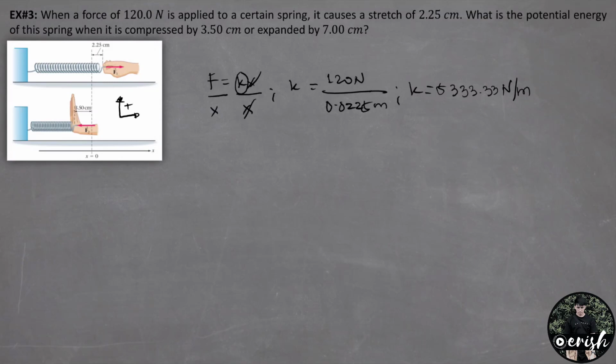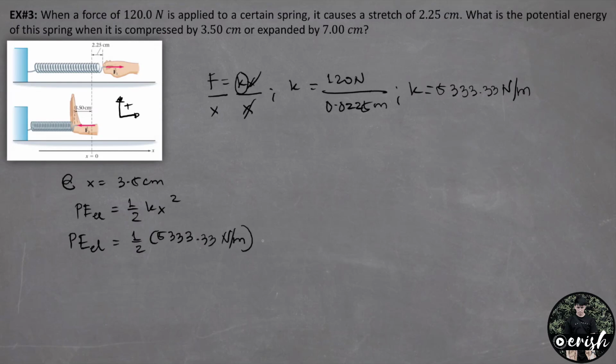Again, nabanggit natin kanina that yung elastic potential energy is positive always. At x equals 3.5 centimeters, potential energy natin is equal to 1/2 k x squared, and by substituting the values, 1/2, ang k natin na gagamitin is yung 5,333.33 Newton per meter times ang x natin is negative 0.035 meters quantity squared.